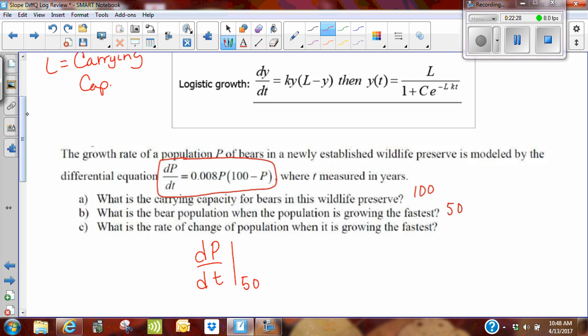This particular question was nice because you didn't even really need to put it into this form to do anything.